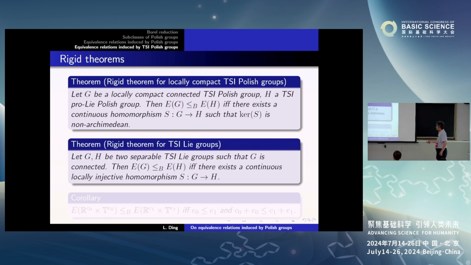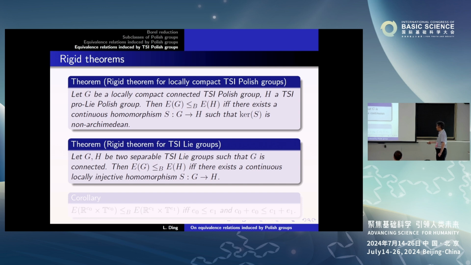And particularly, we use the rigidity theorem on TSI Lie groups, because all Lie groups are locally compact. So let G and H be two separable TSI Lie groups, such that G is connected.